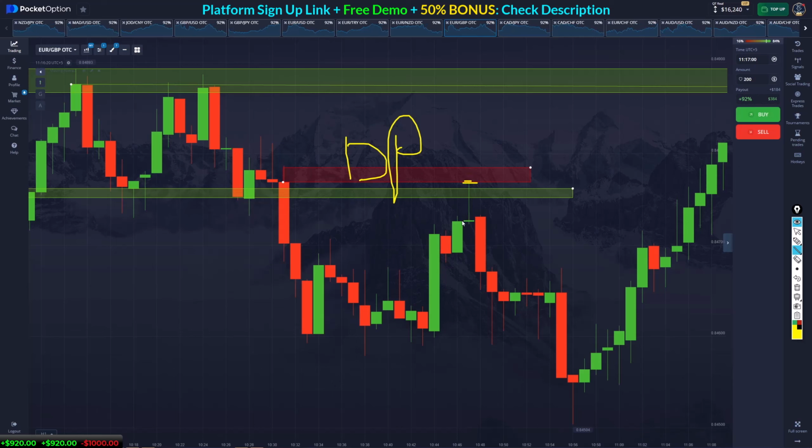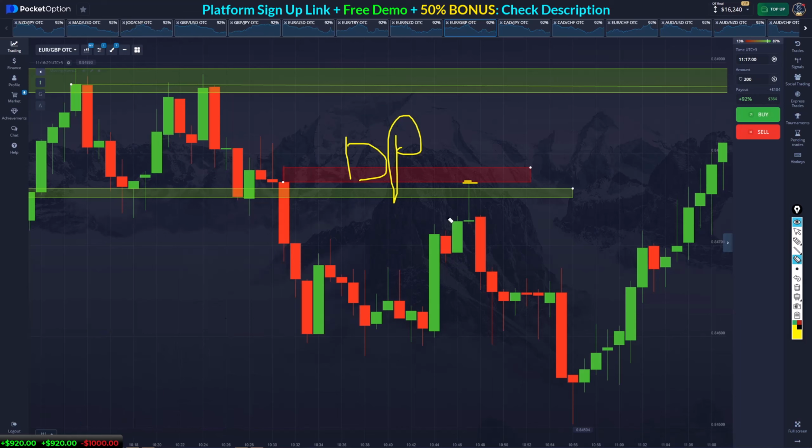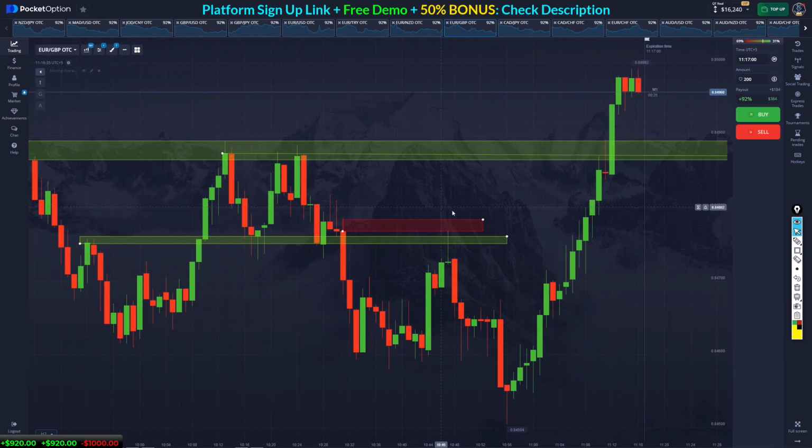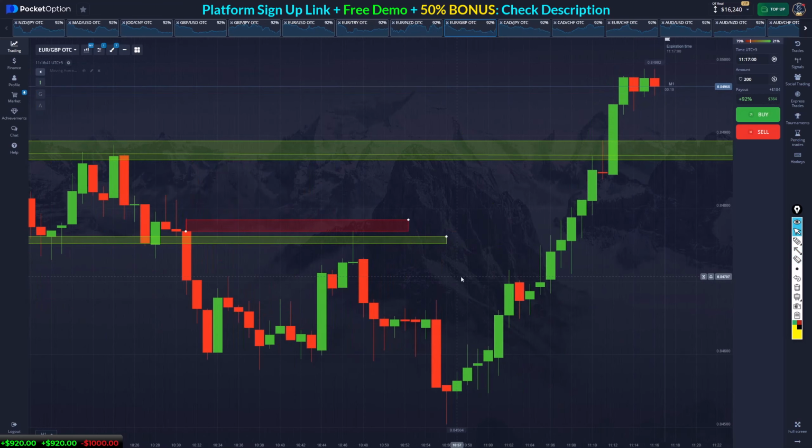Because you're normally thinking about taking a sell right here. But instead of taking it immediately, you are a little smarter than other people, and you wait for it to come up to a very fresh supply combined with this decision point, and then you take your trade. This is a very beautiful trade.